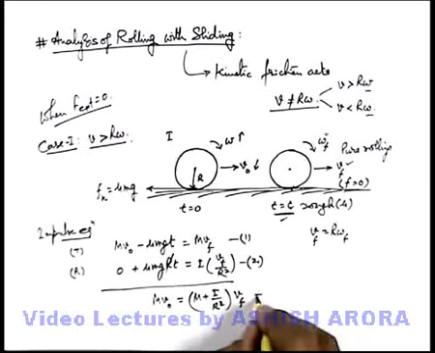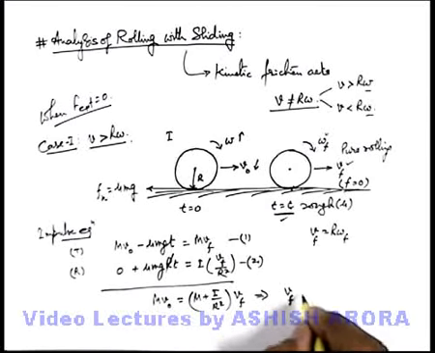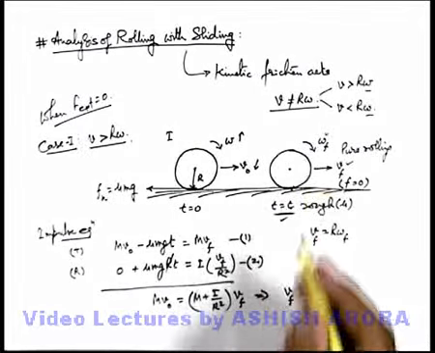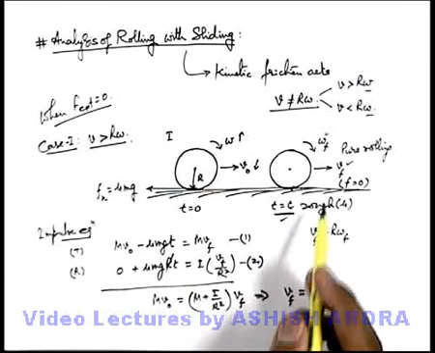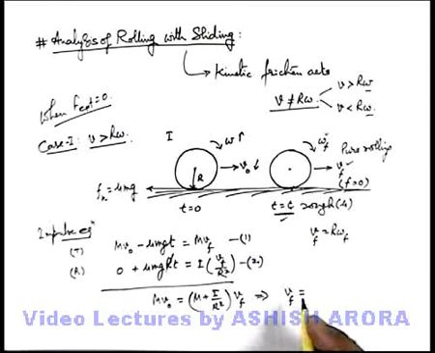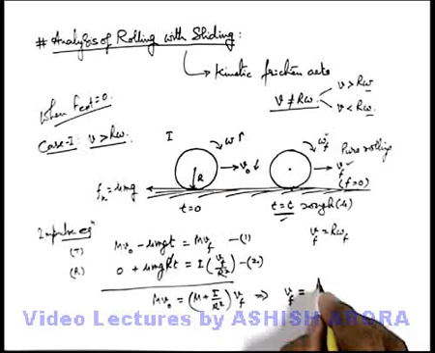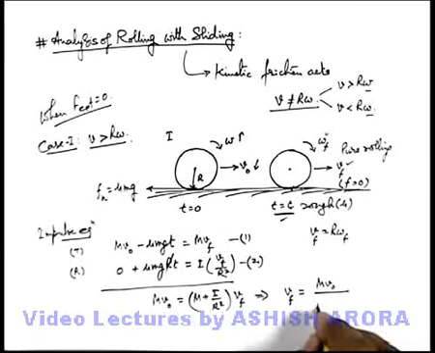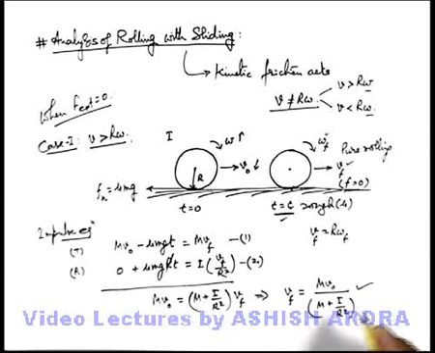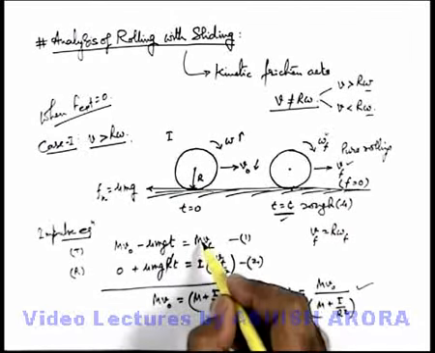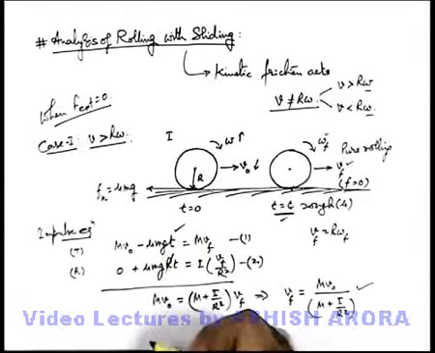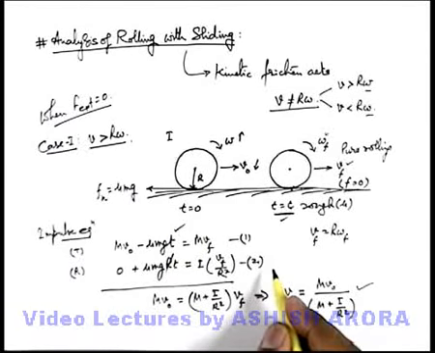So I can see the final speed with which the body is translating at the time pure rolling will start can be written as mv naught by m plus I by R square. This is the way we find out the final speed. If I substitute the final speed over here, I'll get the time when the pure rolling will start.